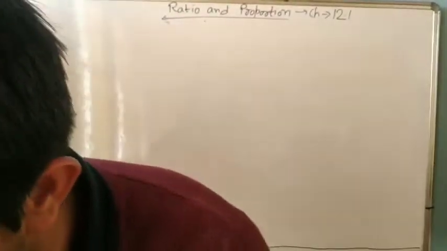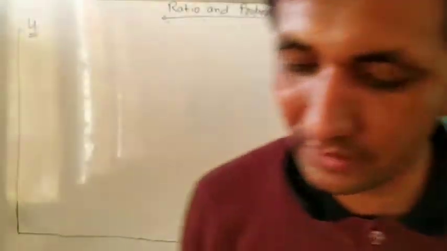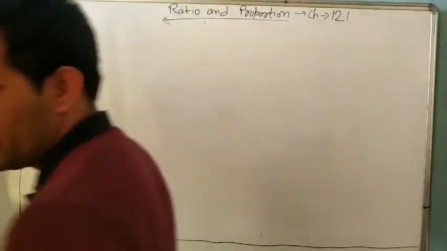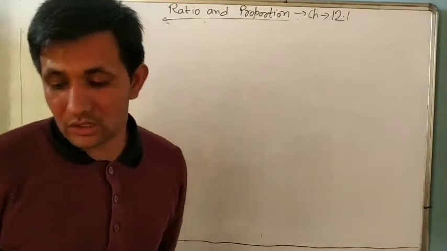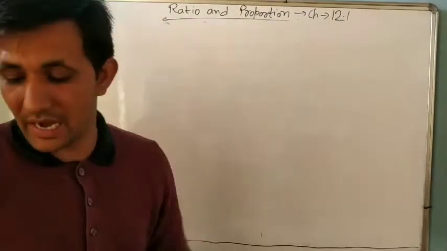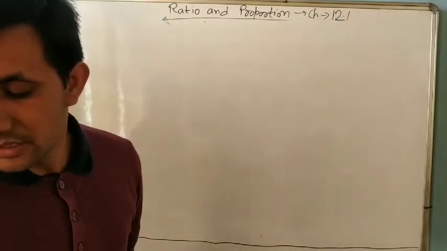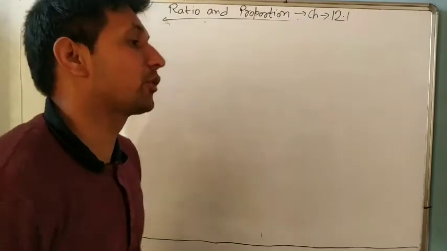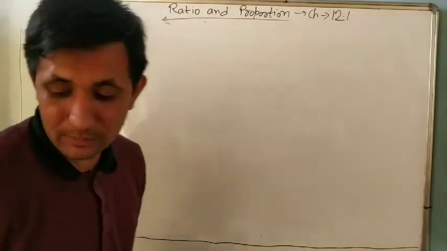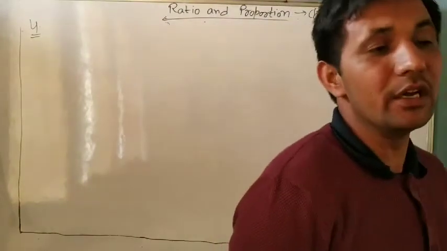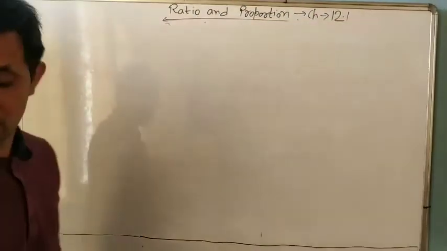Question number 4: given the distance travelled by Hamid and Akhtar in 1 hour is 9 km and 12 km. So Hamid travels 9 kilometers and Akhtar 12 kilometers in 1 hour. Find the ratio of the speed of Hamid to the speed of Akhtar.